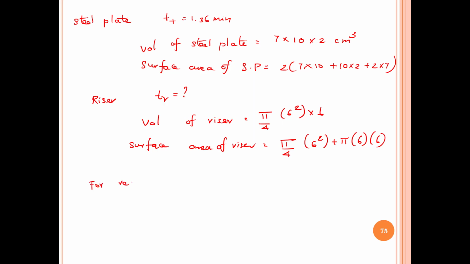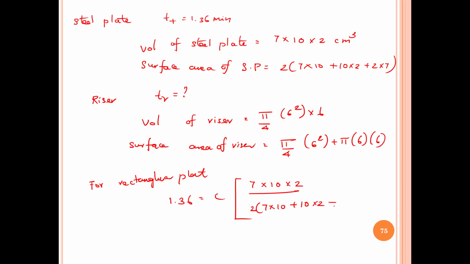For the rectangular plate, the formula is 1.36 equal to C into (volume divided by surface area of the plate) square. This is the first equation. Then for the riser, T equals C into (volume divided by surface area of the riser) square.